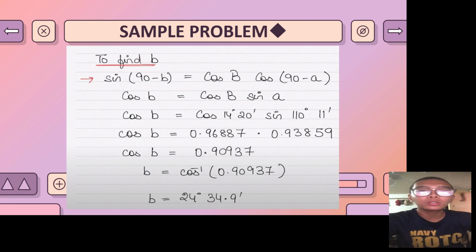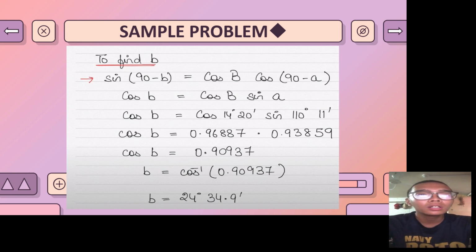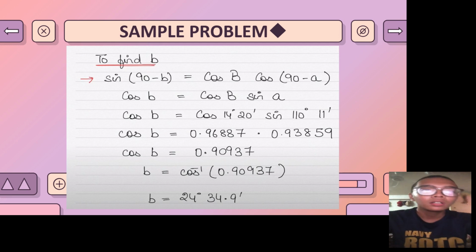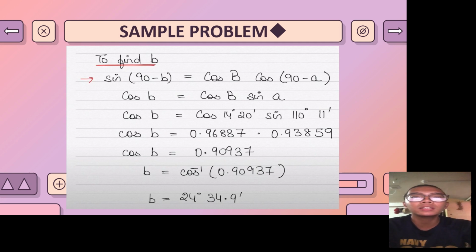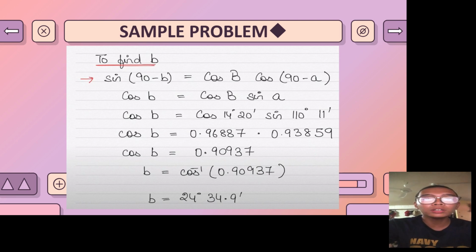Multiplying 0.96887 by 0.93859, cosine B is equal to 0.90937. So B is equal to cosine inverse of 0.90937. The final answer is the side B is equal to 24 degrees 34.9 minutes.